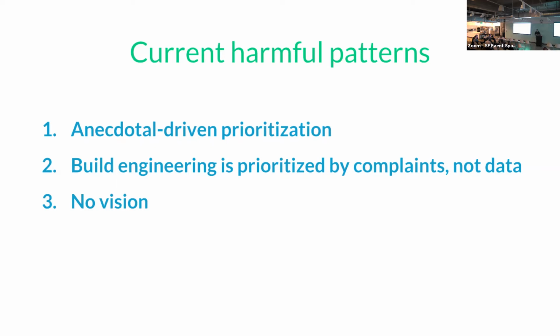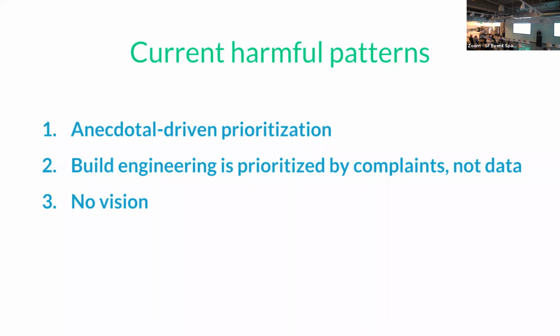Either it's based on anecdotal stories, which is probably the biggest problem, without any data, or very often the prioritization is solely driven by developers complaining or not complaining. So basically, the build infrastructure is in the perfect state if no one is complaining. That's the only metric that counts, and the one who complains the loudest gets the job done.